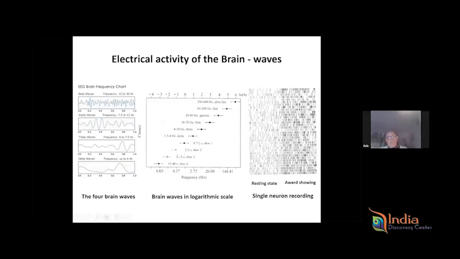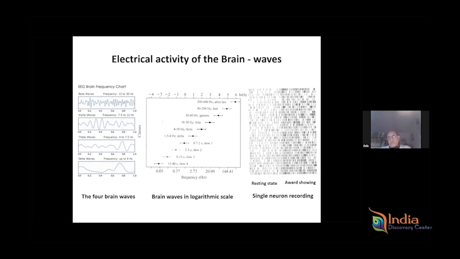If we show the electrical waves on a logarithmic scale, not base 10 but the natural logarithmic base, which is 2.718, then we can see that the different brain waves overlap each other.